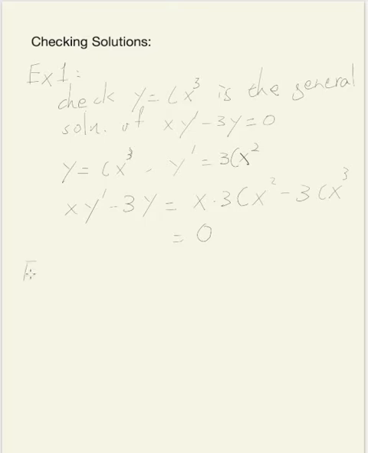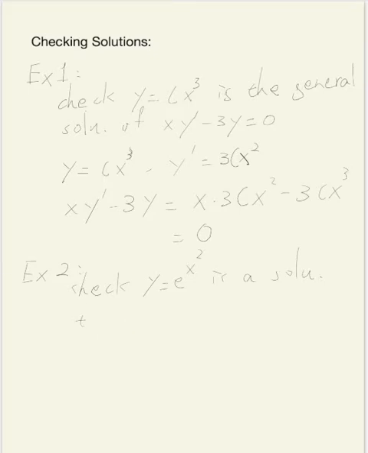Okay, let's try another example here. Check that y equals e to the x squared is a particular solution to the initial value problem.